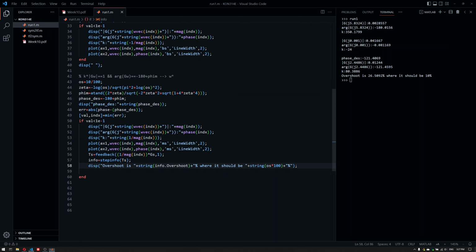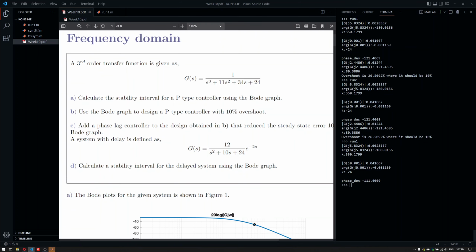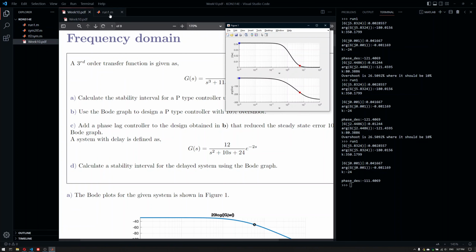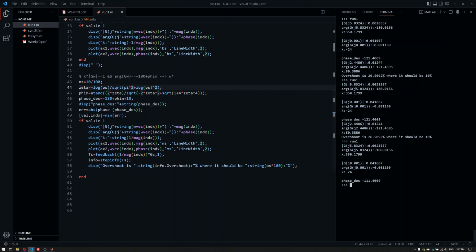So instead of doing this, for example, I might add 10 degrees to it to see what the effect is going to be. So did we mess it up a little bit? The phase test is 111.